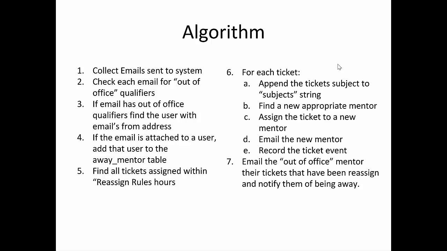Then it finds all the tickets assigned to them within the reassign rules hours. Then for each ticket, append the ticket's subject to the subject string, find a new appropriate mentor, assign the ticket to the new mentor, email the new mentor, and record the ticket event. At the end of that, it emails the out of office mentor their tickets that have been reassigned and notifies them of being away.